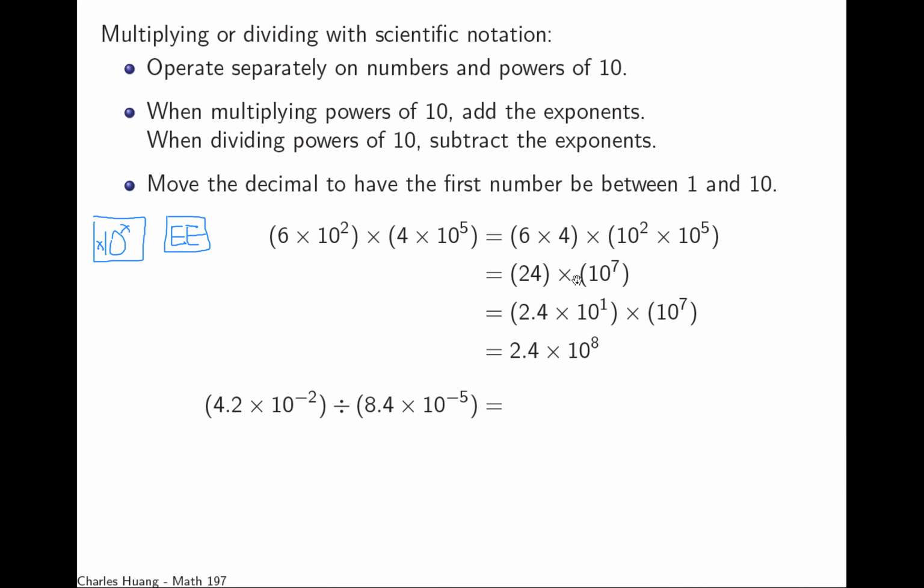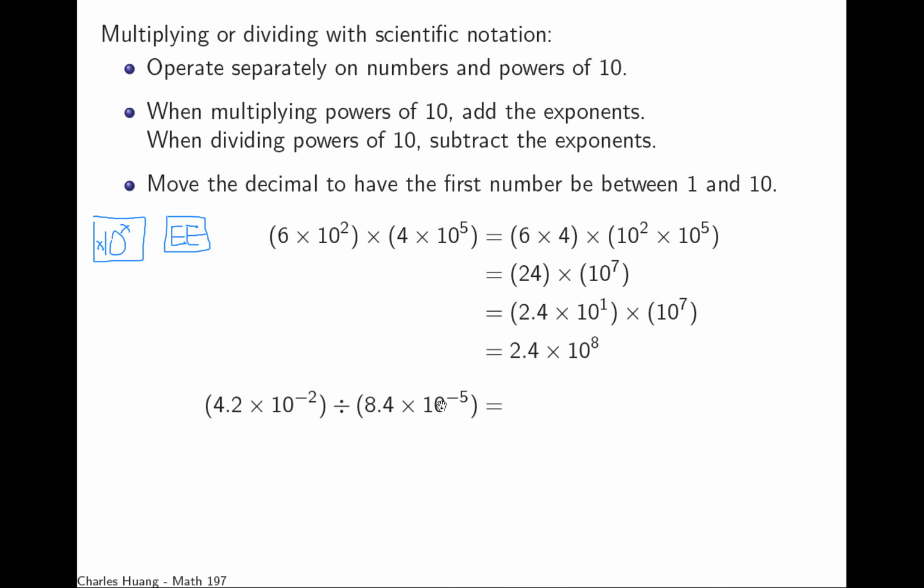But we can only have a number between 1 and 10 at the beginning of the scientific notation, so I had to divide the 24 by 10. And when I divide by 10 here, I have to multiply the second part by 10. So I separate the 24, and you can think of it as writing the 24 in scientific notation. And then we combine the exponents again.